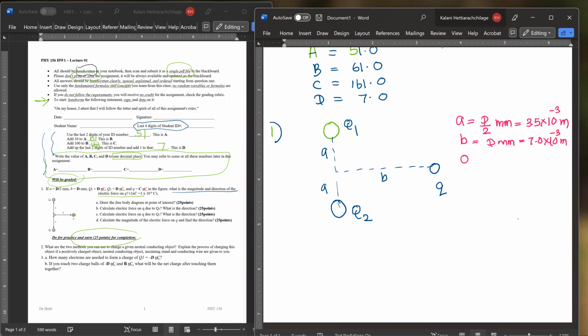And then your Q1 and Q2 seem to me equal in this question. And they will be D nanocoulombs. So D nanocoulombs means 7.0 times 10 to the negative 9 coulombs.